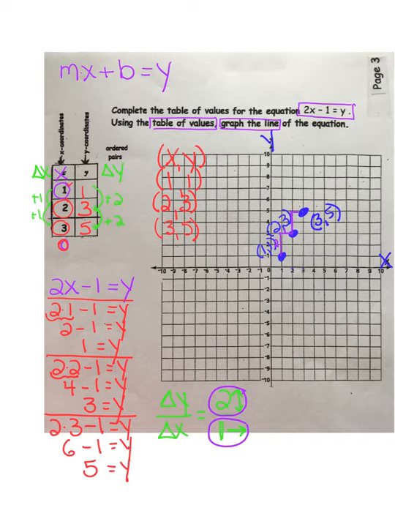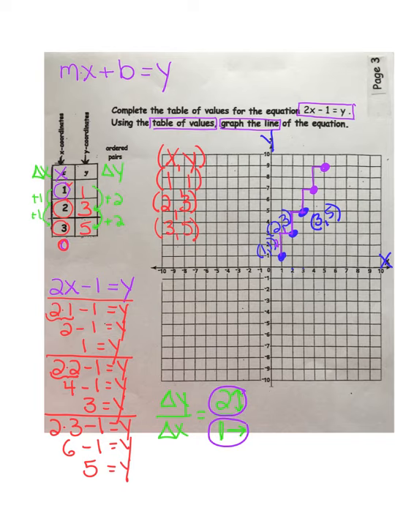Up 2, over 1. And we know if this continues, our next point would be up 2, over 1, make a nice solid dot. And again, up 2, over 1, make a nice solid dot. It almost looks like a staircase.